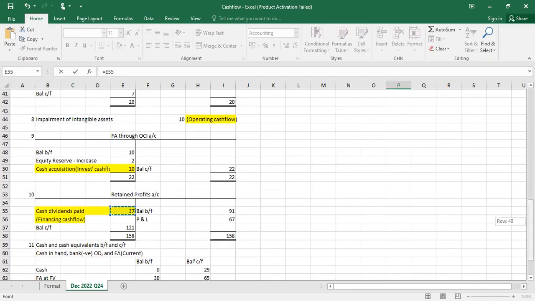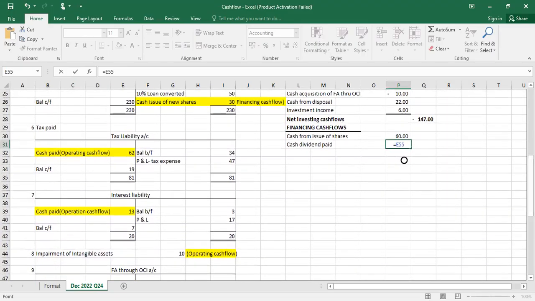So I copied the 37, but that's a payment, and so that should be a minus. So that we have negative 37.